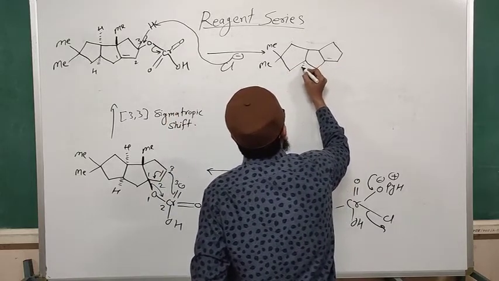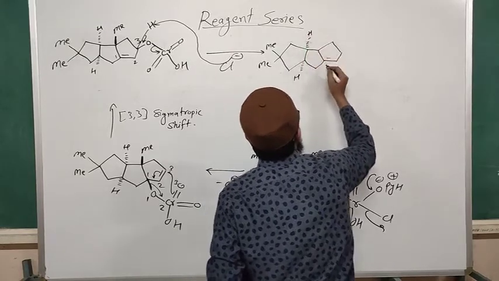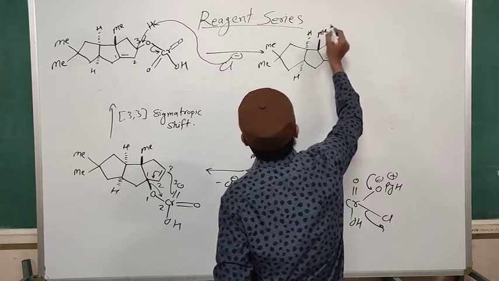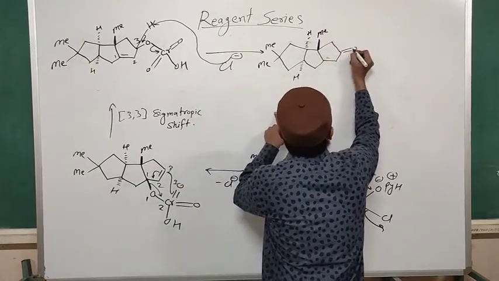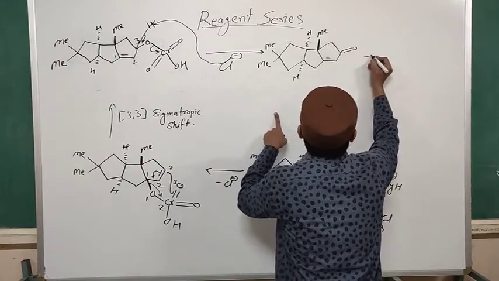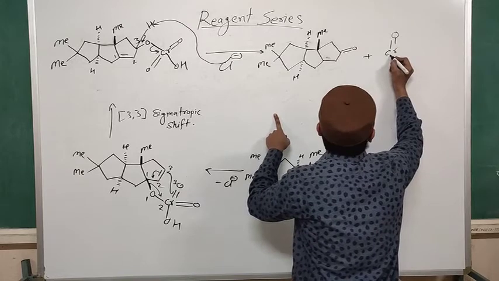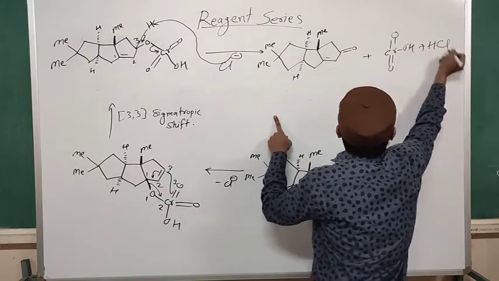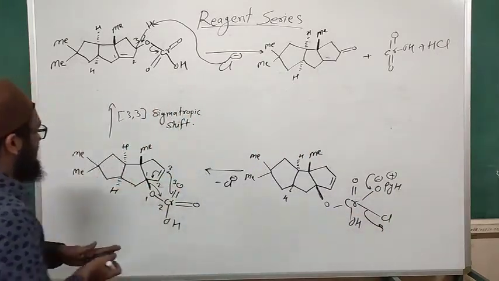Here we have 2 hydrogen as it is. Here we have 2 hydrogen as it is. Here we have our methyl. Now what do we have here? We have a double bond here, and what remains will be our chromium double bond O, single bond, double bond O, single bond OH and HCl. It is not a part of our reaction. What is the part of our reaction is this one.